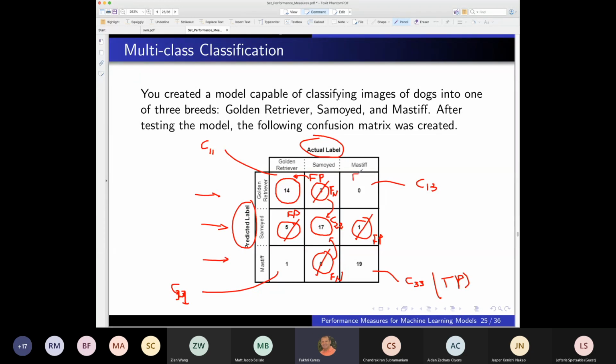This is also false positive with respect to the golden retriever. So as you can see, within the row, you have false positive. Within the column, you have false negative. Remember that this false positive was for this particular entity here, which is C22 and related to the samoyed.